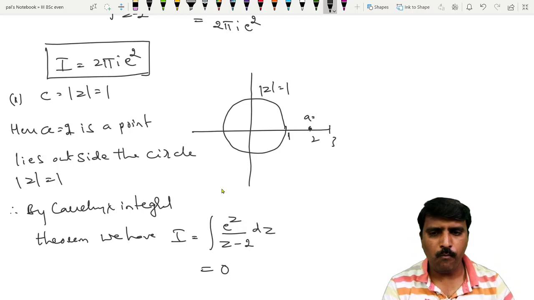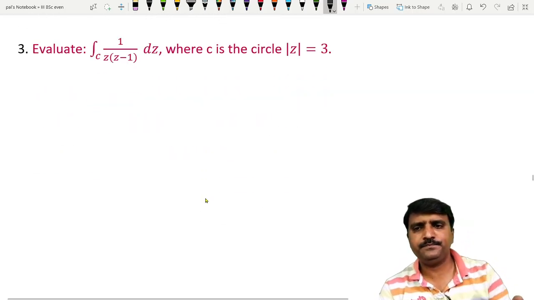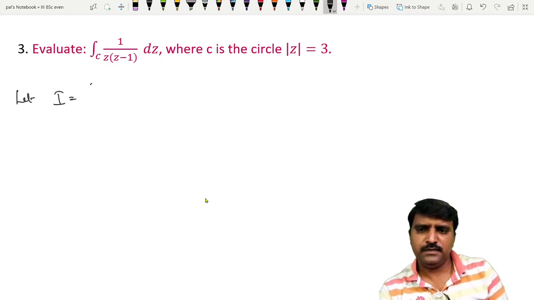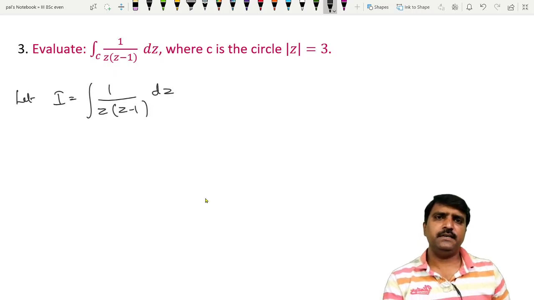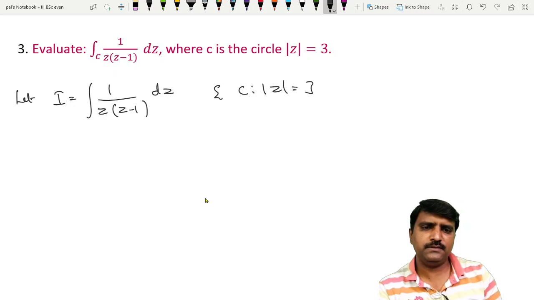Similarly, take one more example of the same type. Evaluate: let I is equal to the integration of 1 divided by z into z minus 1 into dz, and the curve C is mod z is equal to 3.